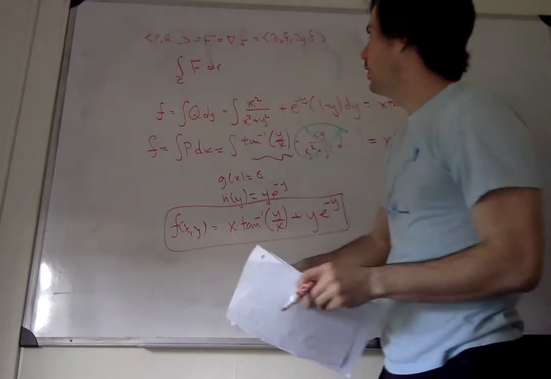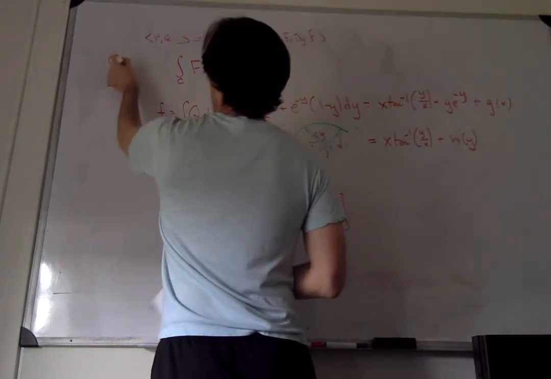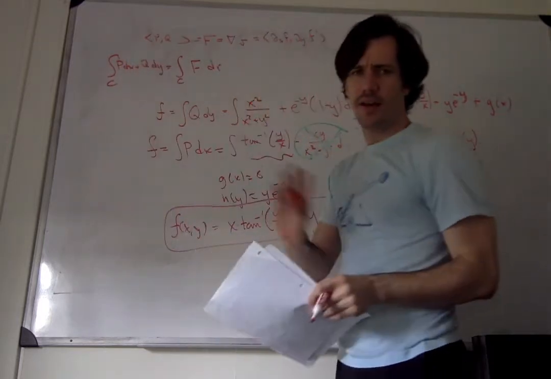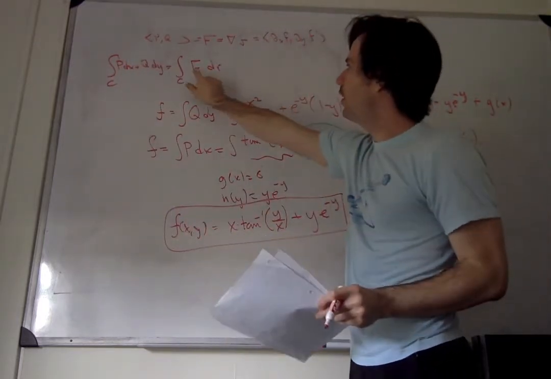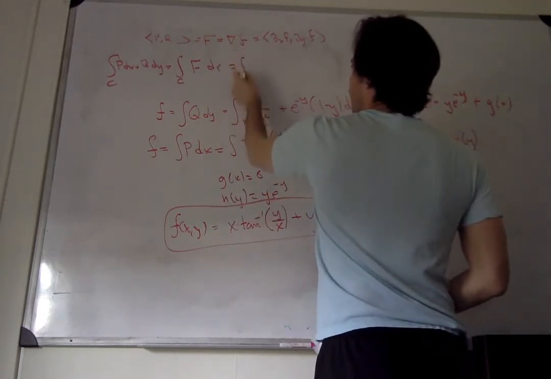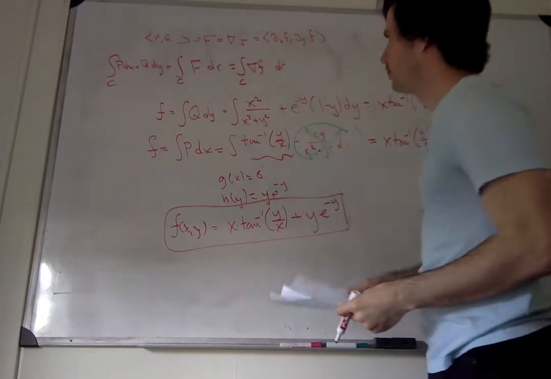That's what we wanted. It wasn't written like that. It was actually written as P dx plus Q dy, right? I've just rewritten it. So this capital F, now we can rewrite it as a del f. Yes, del f dot dr.